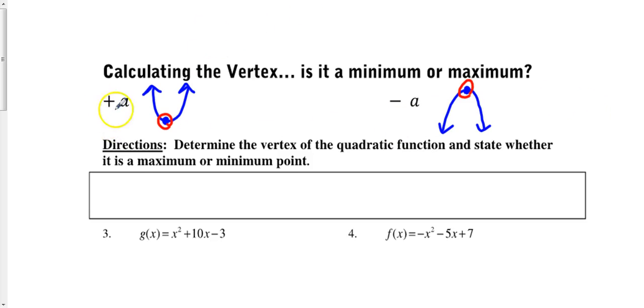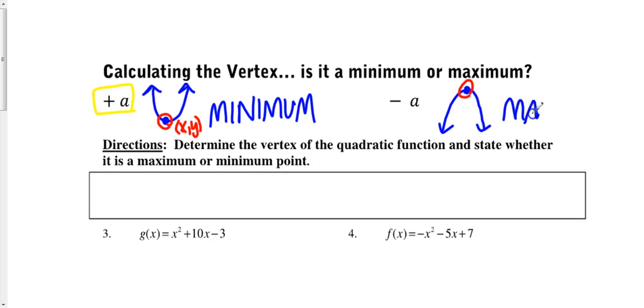Positive a tells me that this is going to be a minimum, because it's literally the smallest xy ordered pair on the entire parabola. Whereas over here, if it's opening down, this will be a maximum, because this xy ordered pair is literally the largest ordered pair on the parabola.